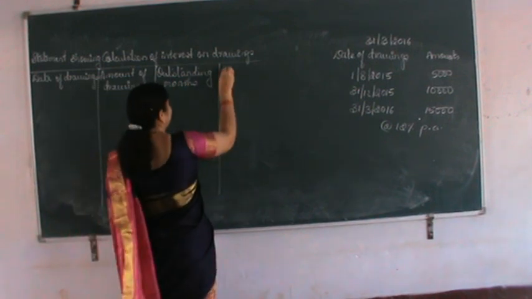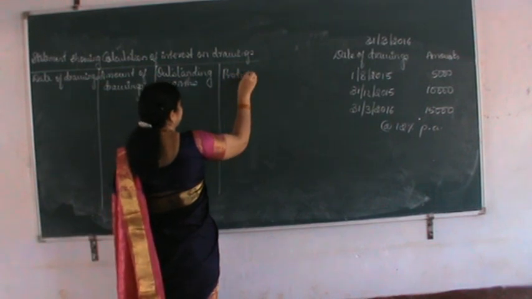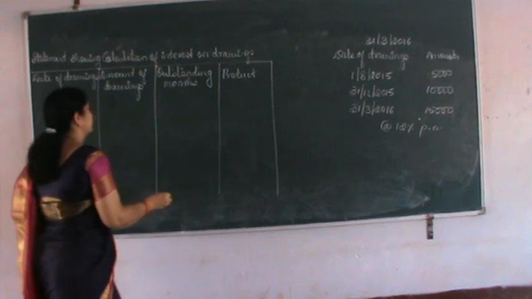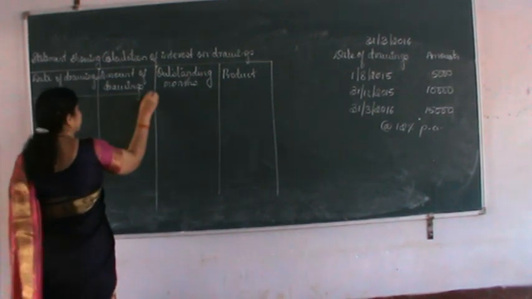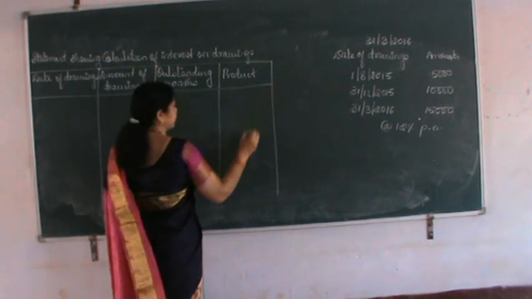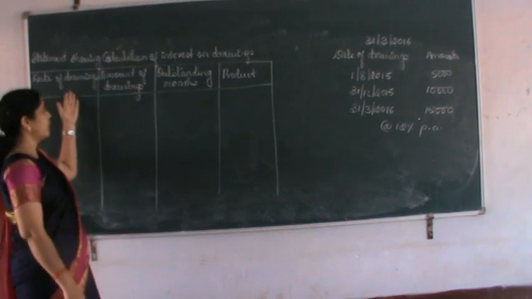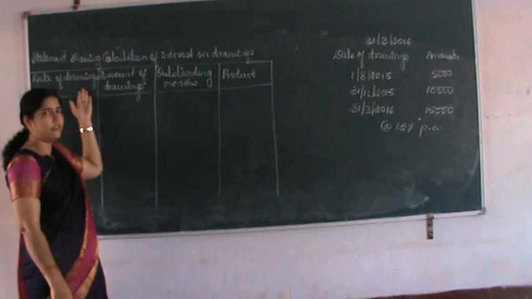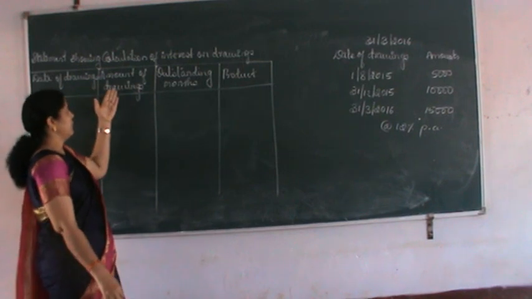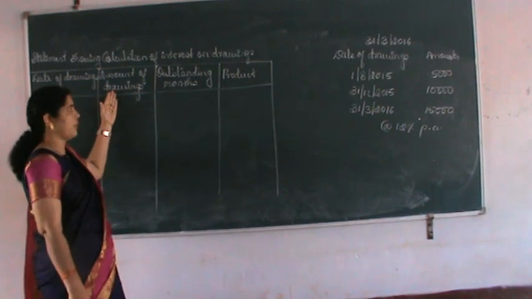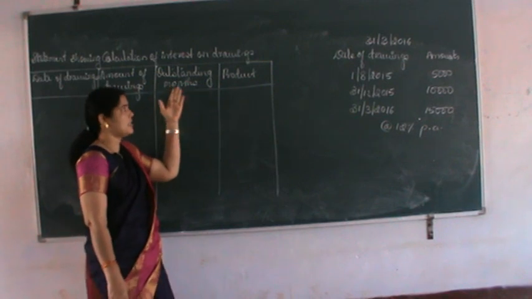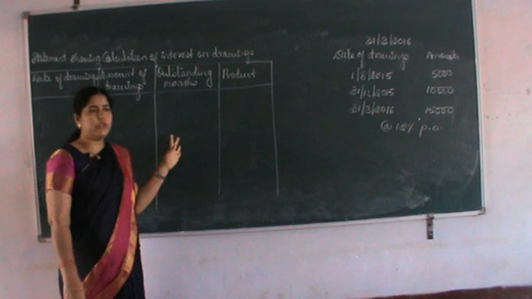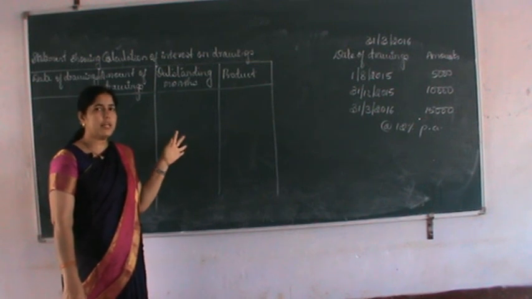And the fourth column is product. Date of drawing is the date on which the partner has taken the withdrawal from the firm. Then amount of drawings, then outstanding months, and lastly product. So this is the table we require in order to calculate the interest on partner's drawings.